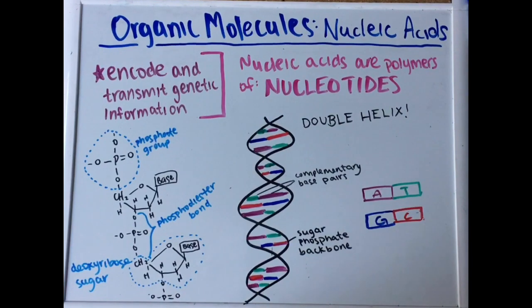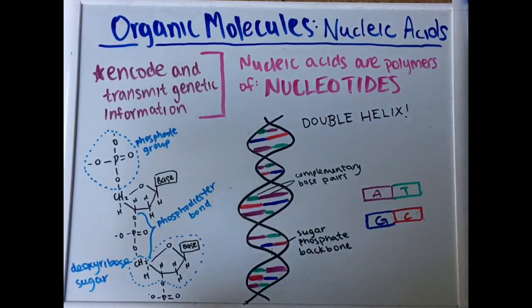Okay, so now we can look at what these nucleotides would make. It's important to note that the sequence of the nucleotides determines the kind of information that is stored in the DNA or in the RNA. And with a phosphodiester bond, we are able to connect the adjacent pairs of nucleotides when the phosphate group in one nucleotide covalently bonds with the sugar in another nucleotide. That'd be this one.